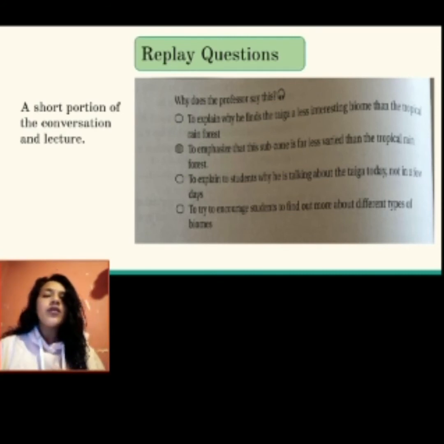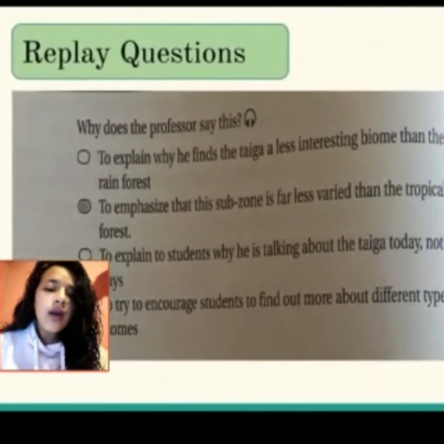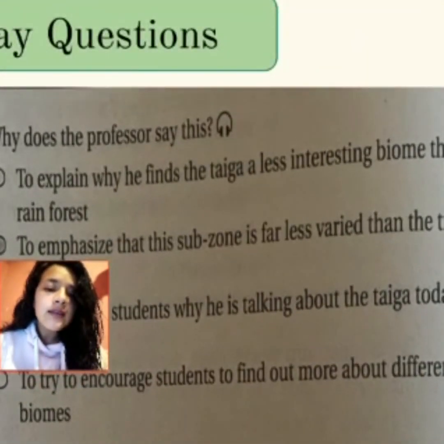Replay questions require you to go beyond the literal meaning of a statement in the talk. The meaning of the expression may depend on the speaker's intonation or tone of voice. These questions are marked with a headphone icon. You can see that this example has a headphone icon.